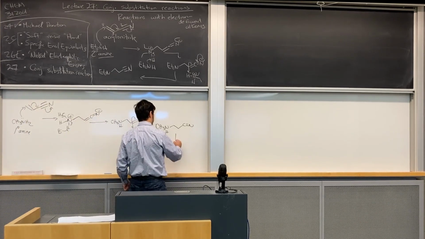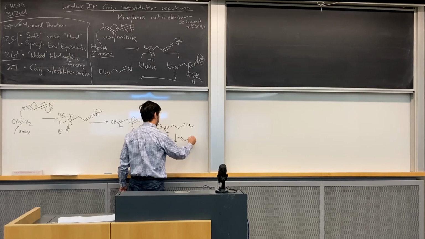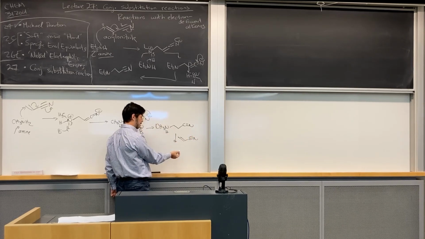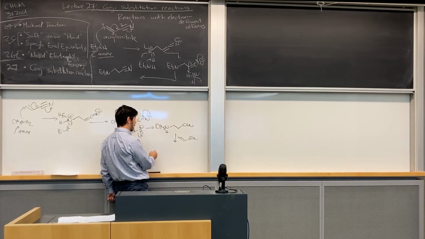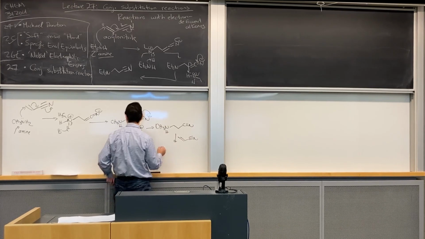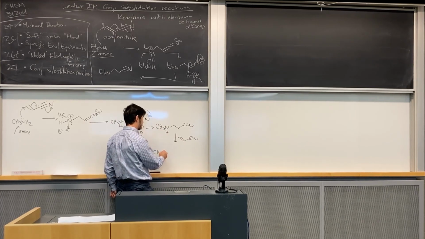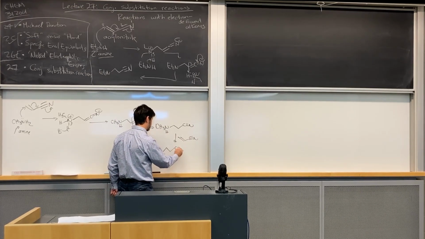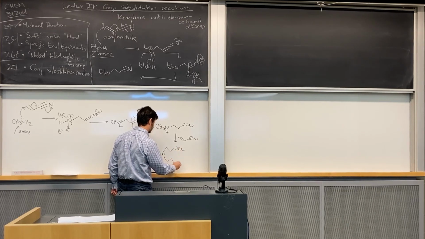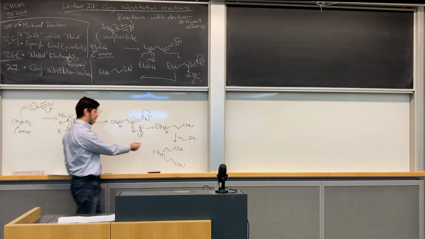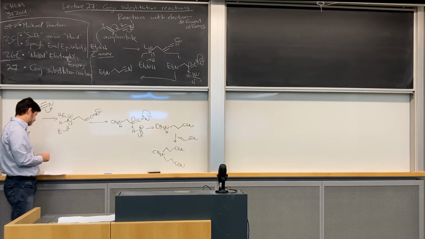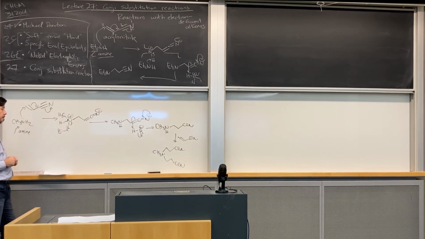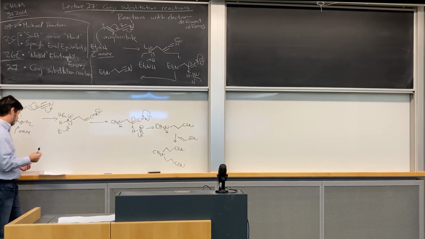So another molecule of acrylonitrile will come in. This will react, and I won't go through that mechanism, but it's analogous to what we did on the first part. Okay, and there you have a di-substituted amine. All right, so now you understand how this works.